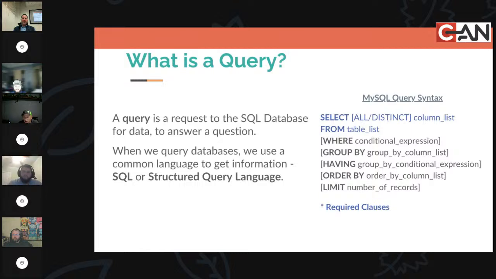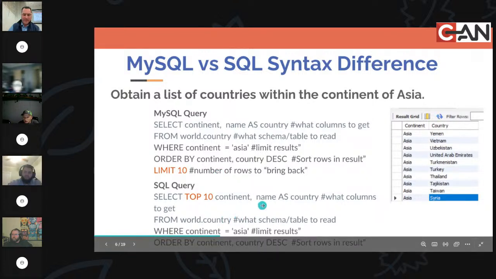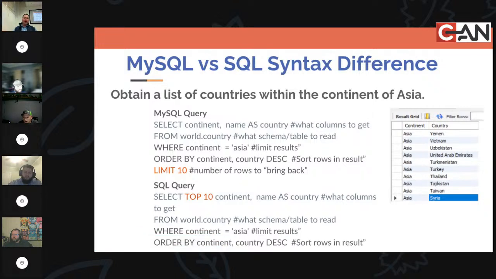They use standard SQL and, for example, limiting the number of records is not going to work in standard SQL. So, for example, MySQL uses LIMIT 10 at the bottom, whereas in a standard SQL query, you're going to do SELECT TOP 10, TOP 50, TOP 100 records to get back.